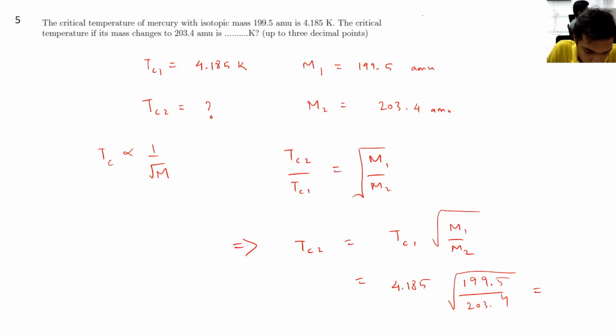So it turns out to be 4.185 times the square root of 199.5 divided by 203.4.